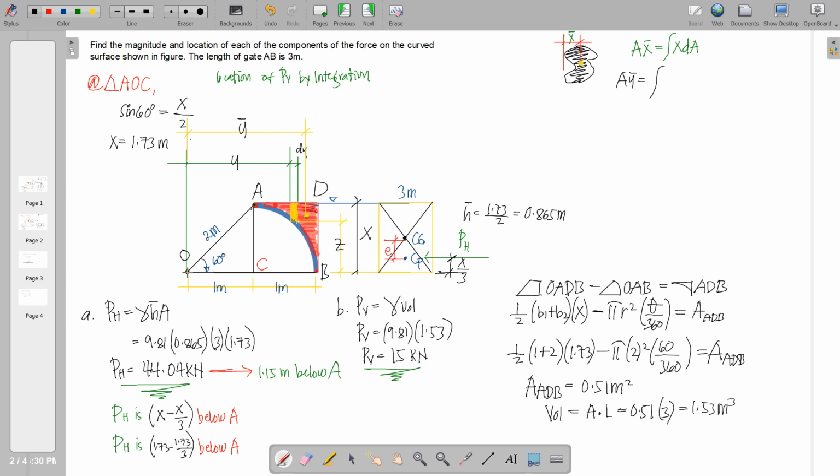Say from 0, we will start to integrate at this point, because the start of this red area starts from point A, and point A is within 1 meter. So basically, this is 0 up to 2 meters, and then the integration will start at point A. So this is 1 meter, and then that is 2 meters.